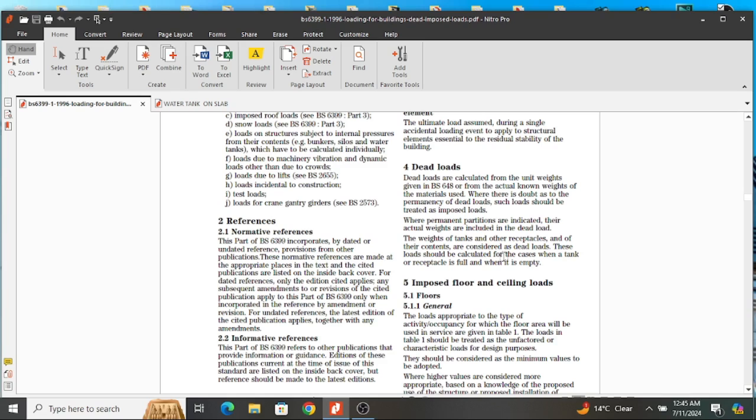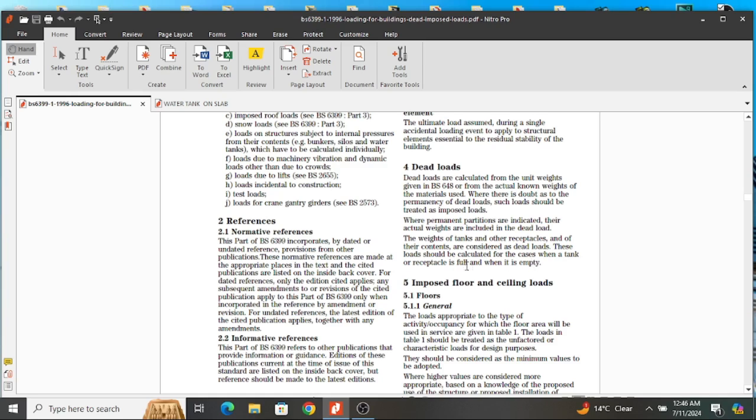These loads should be calculated for the cases when a tank or receptacle is full and when it is empty. So we should calculate this load as a permanent action, as a dead load, and we should include it in our load combinations when the tank is full and when the tank is empty. Why?